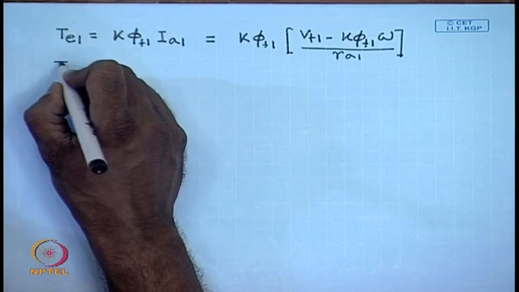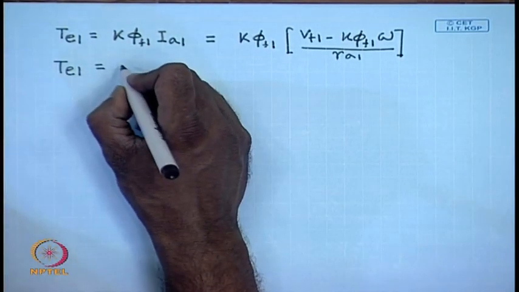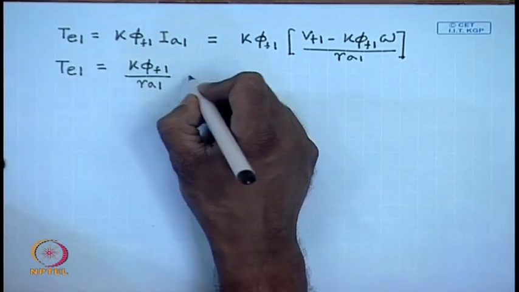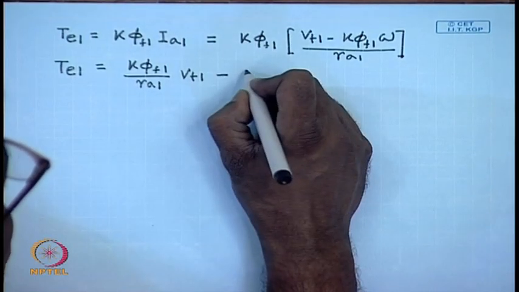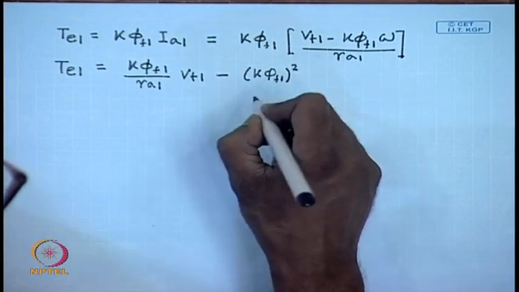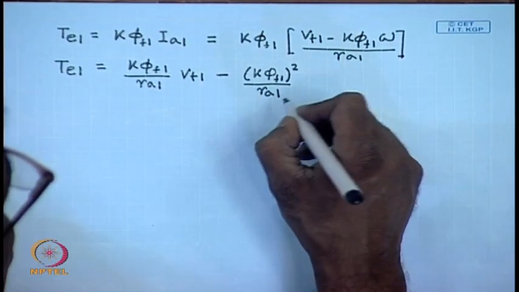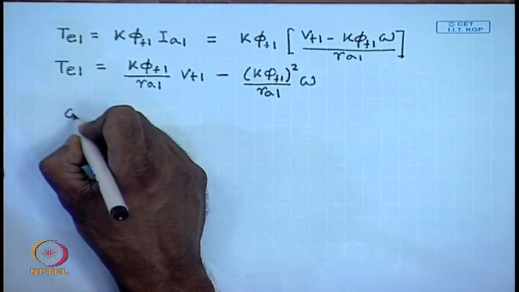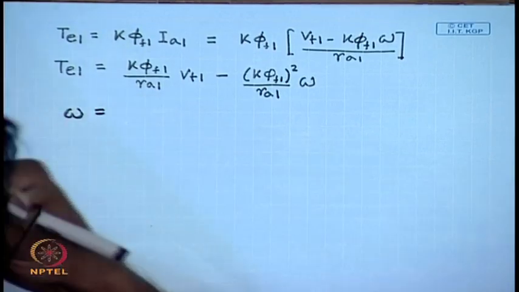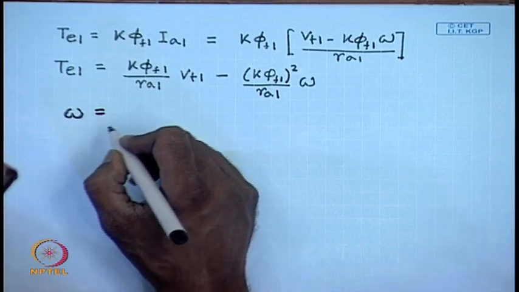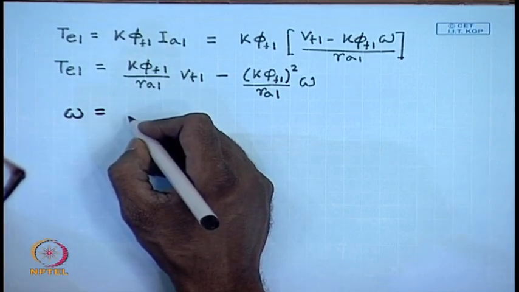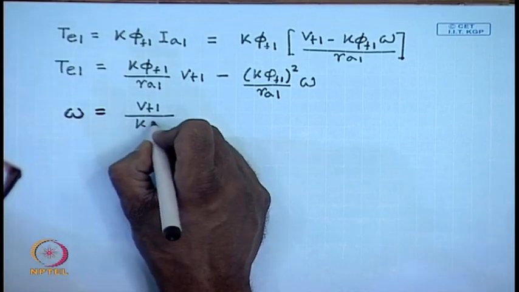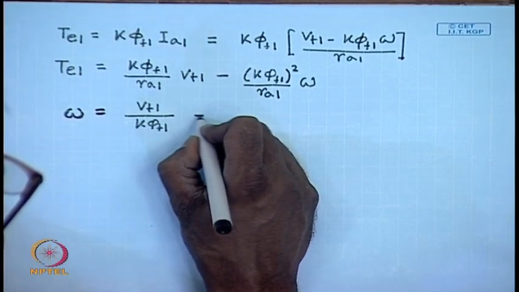This can also be written as T_E1 equals K phi_F1 by R_A1 V_T1 minus (K phi_F1) whole square by R_A1 omega, or in other words we can write omega as V_T1 by K phi_F1 minus R_A1 by (K phi_F1) whole square T_E1.